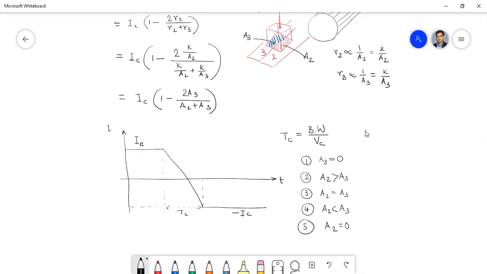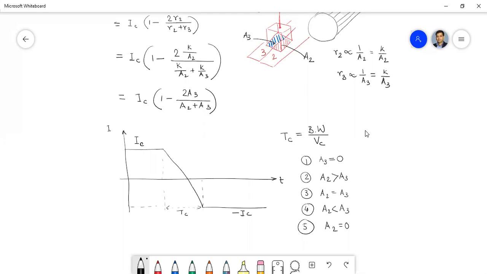This is how we have changed the areas A2 and A3 with respect to time. At the end, the total contact will be established with commutator segment 3. Therefore, A3 will be 100% and A2 will be 0. So this is how the areas under the brush change.